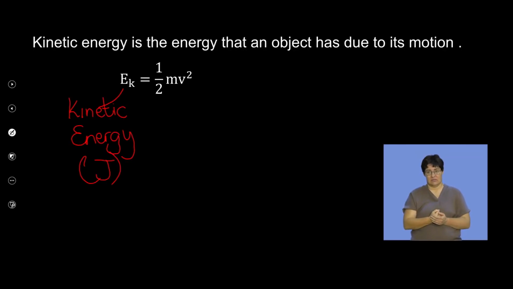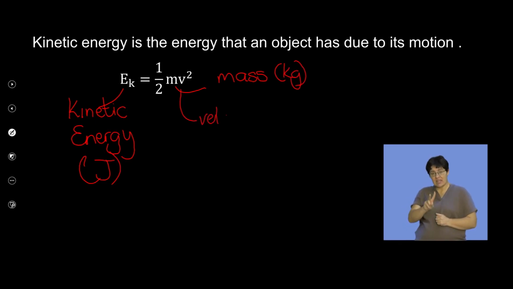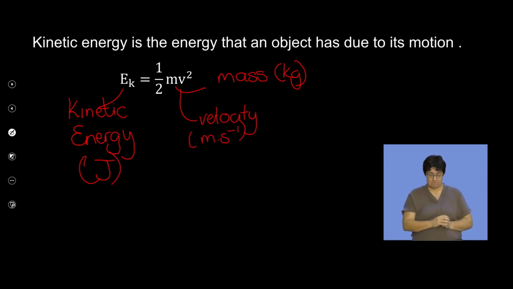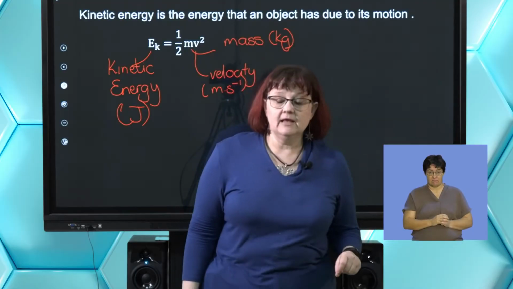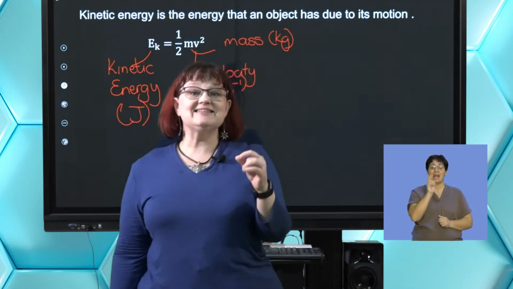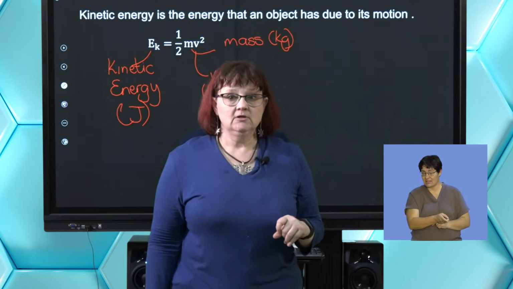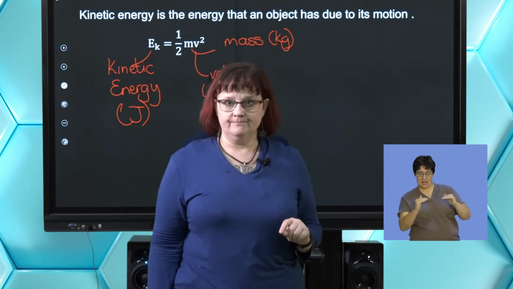Half is a half, it's the value. M is mass, which is measured in kilograms, and V is velocity, and that's in meters per second. What we need to remember is kinetic energy is a scalar, it has no direction.